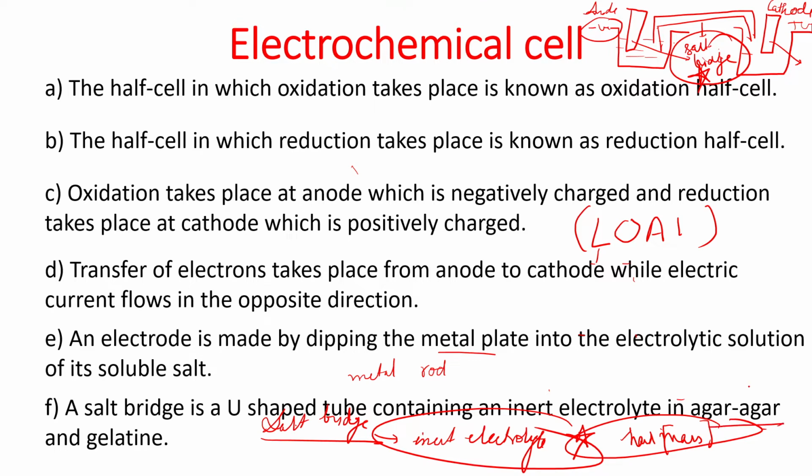If you don't provide agar and gelatin, the salt bridge will lose the electrolyte. The electrolyte will flow into both the half cells. If you provide gelatin or agar medium, then the electrolyte will stay in that tube only.